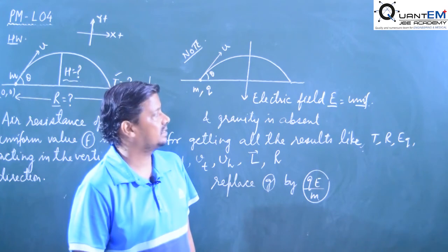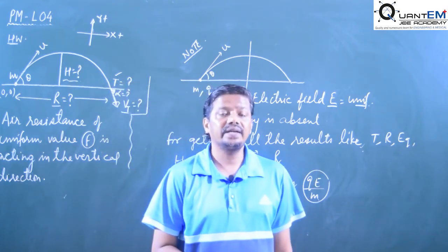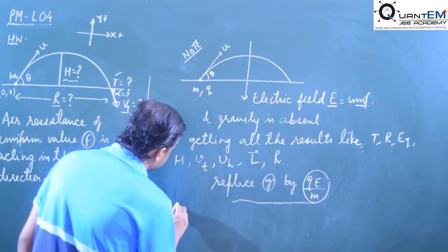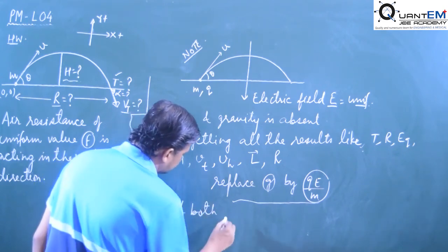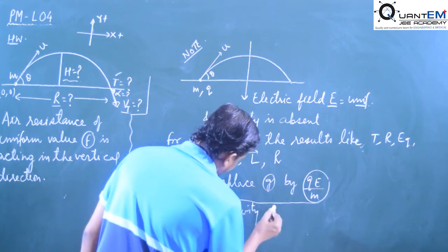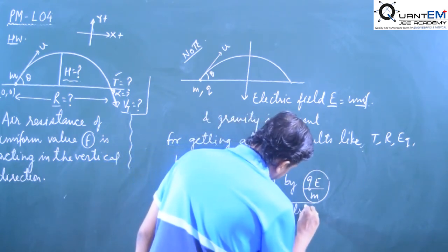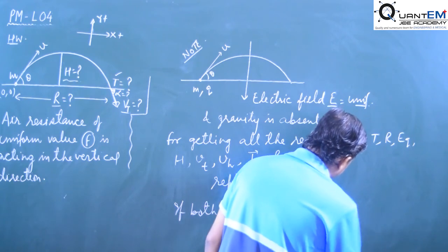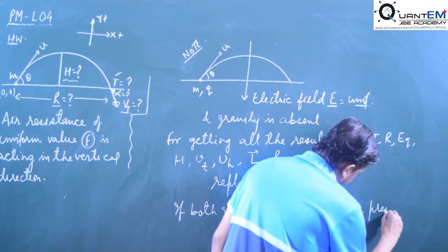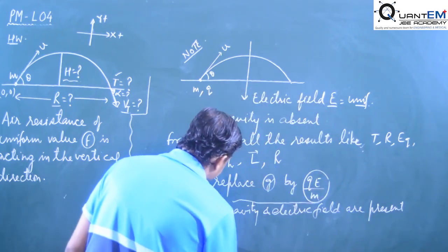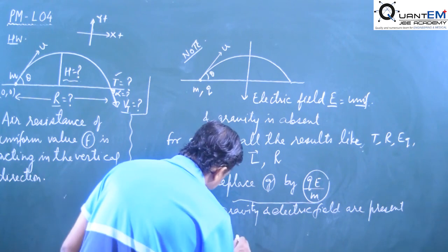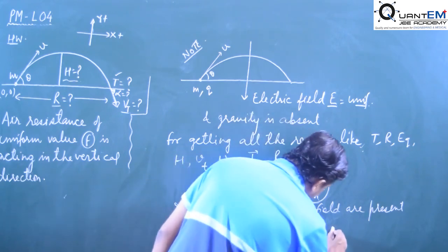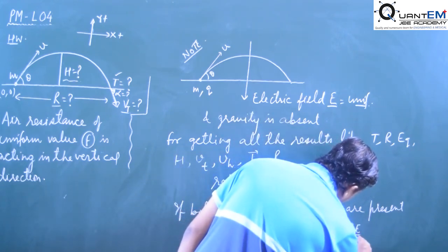And if both are present, gravity as well as electric field, then replace g by g plus qE by m.